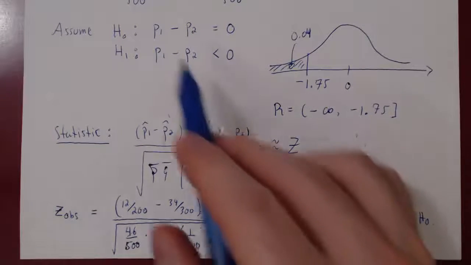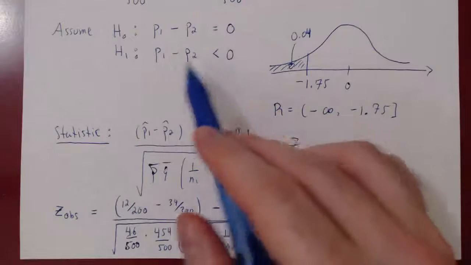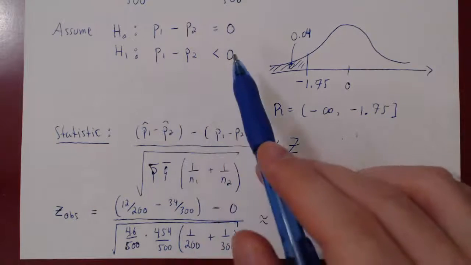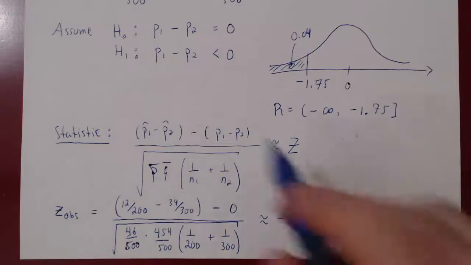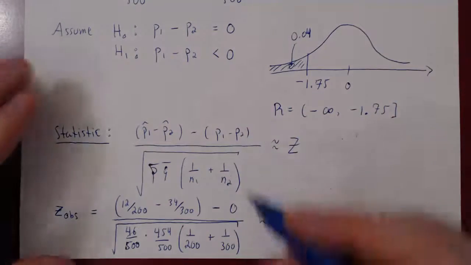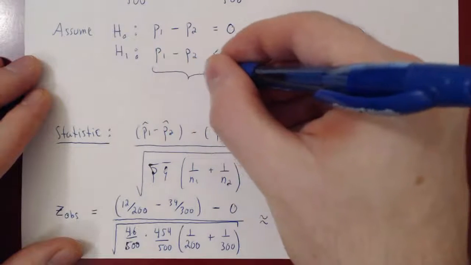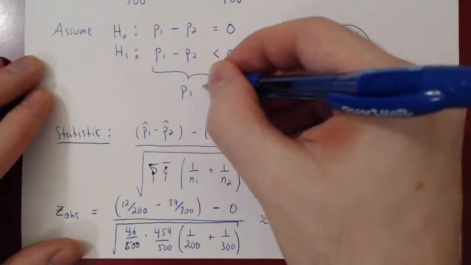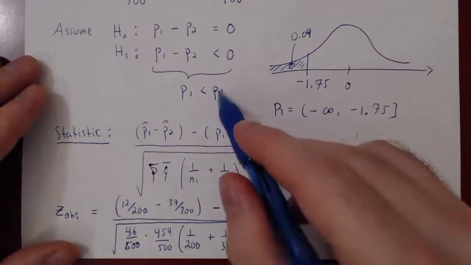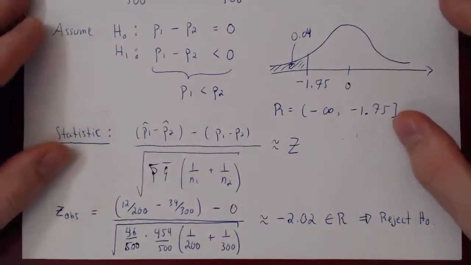Well, if we reject H0, we will accept H1, therefore, that the difference between P1 and P2 is negative. So if you simply add P2 to the right, this is equivalent to saying that P1 is less than P2, or, of course, P2 is greater than P1.